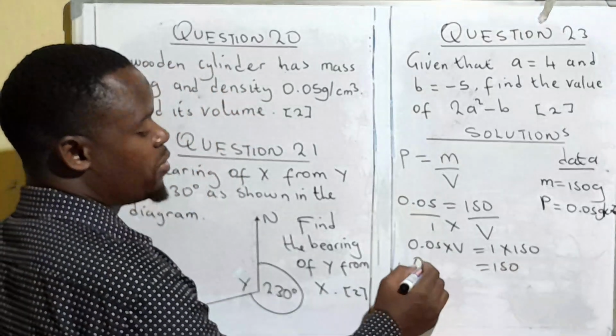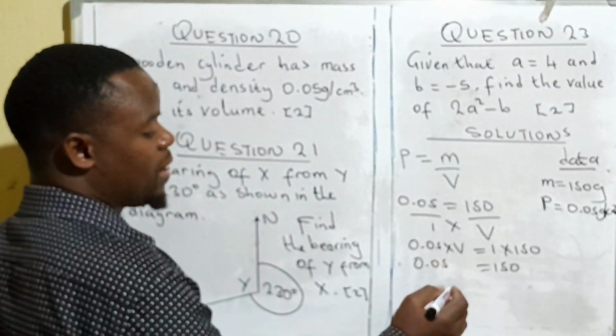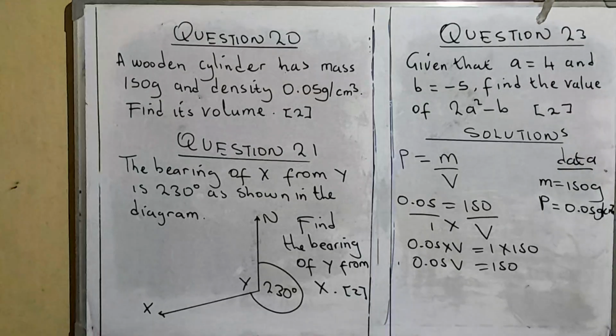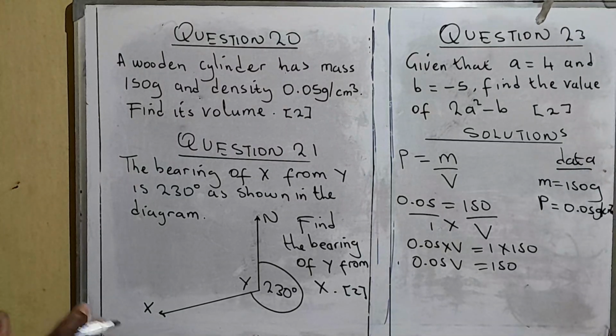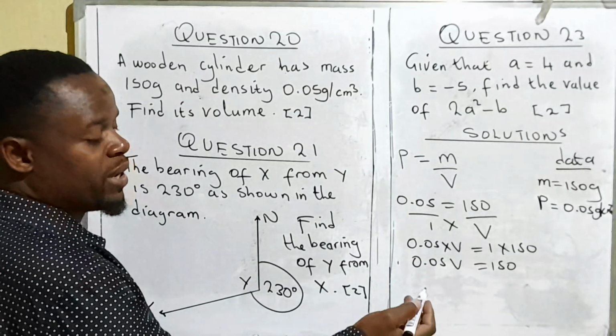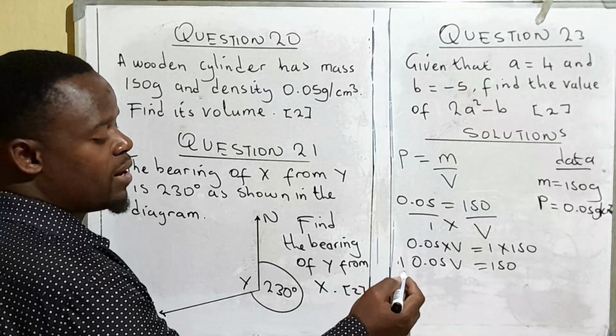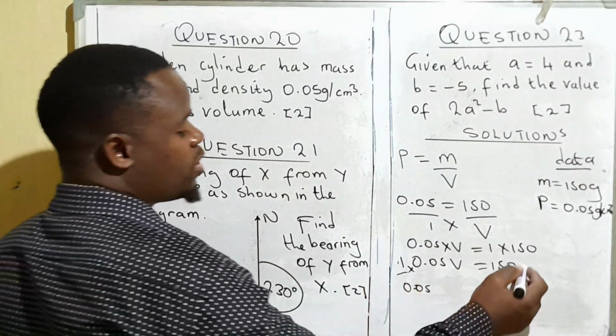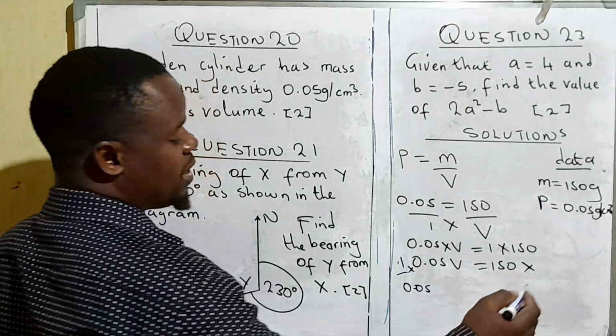Then this would be 0.05 V, right? So now, what you do next is you multiply this side by the multiplicative inverse of this one, which is 1 over 0.05. What you do this side is what you do on the other side.